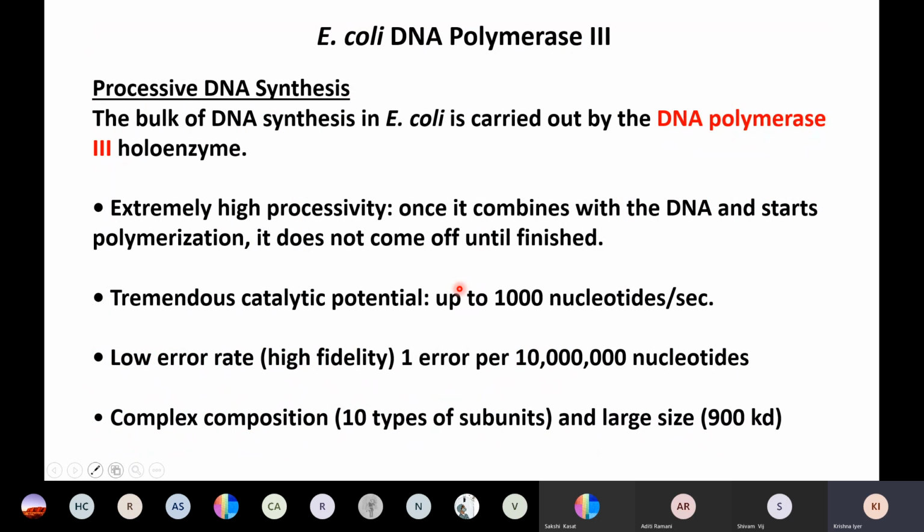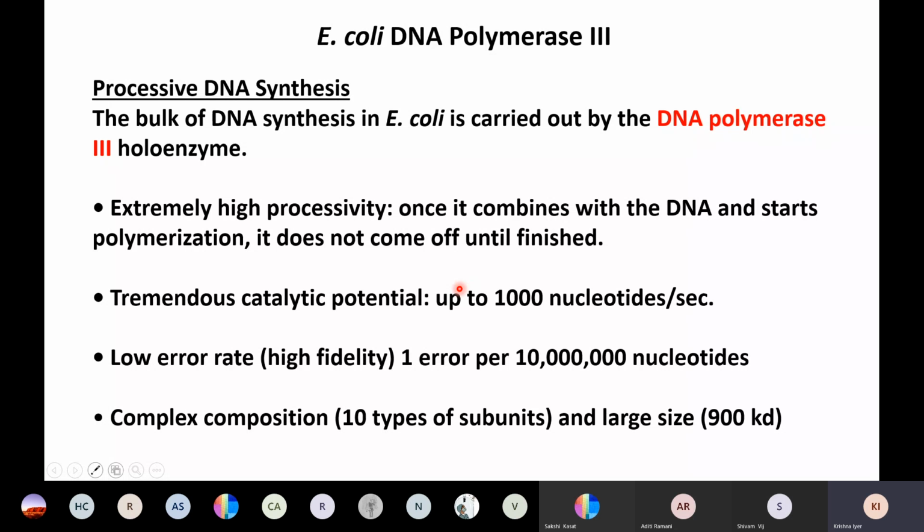The bulk of DNA synthesis is carried out by this polymerase. It has got extremely high processivity, which means that once it attaches to the template DNA and starts adding nucleotides to form polymer, it will not come off till it has done most of the job.